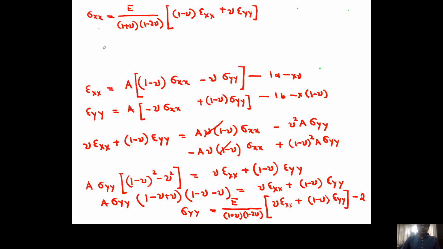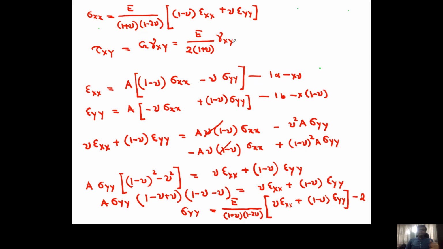And then we have tau xy, and tau xy will not change, so that is G times gamma xy, which is E by 2 into 1 plus nu times gamma xy.